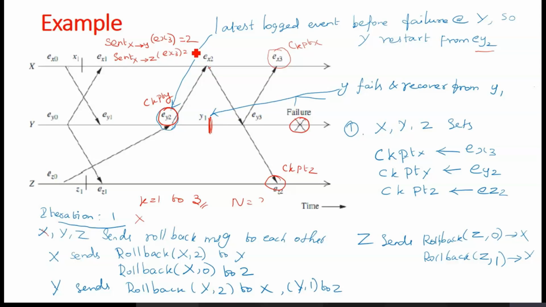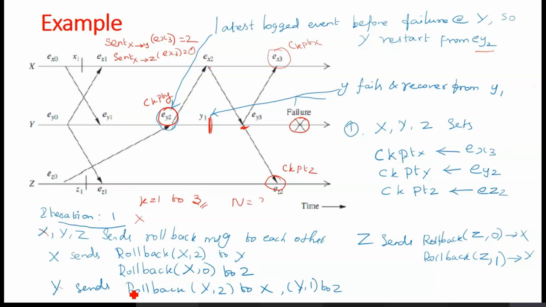So this is 1. Then send of X to Y at EX3 is 2 and send of X to Z at EX3 is 0. So X sends rollback message of X comma 2 to Y and rollback of X comma 0 to Z.